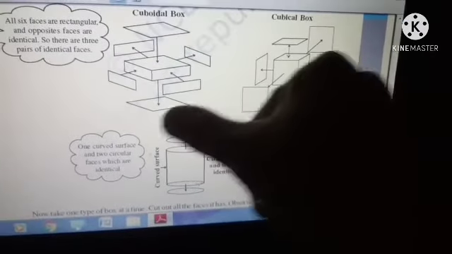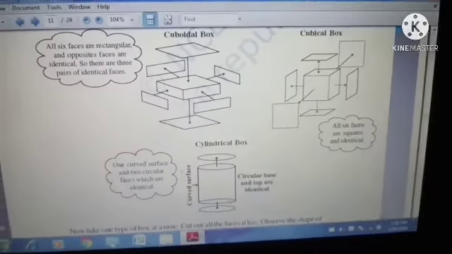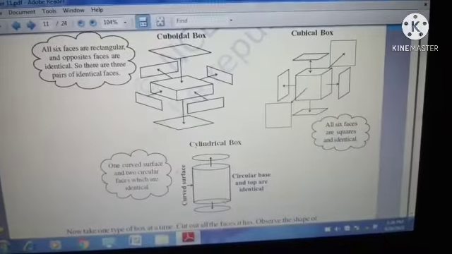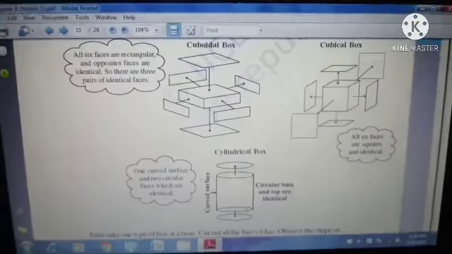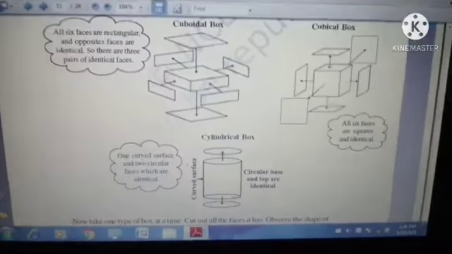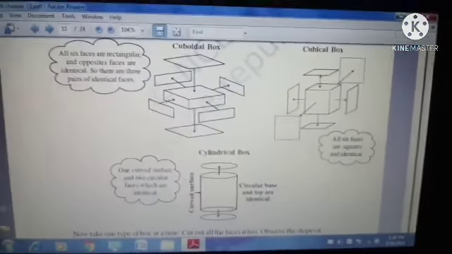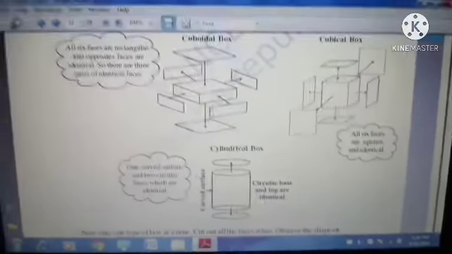The two circular faces, this one and this one, are identical. So this is the cylindrical box. So we have many types of box, which are the cuboidal box, cubical box and cylindrical box. Many types of box are explained using the faces, how they are identical.